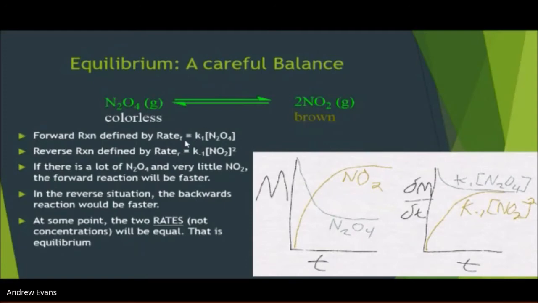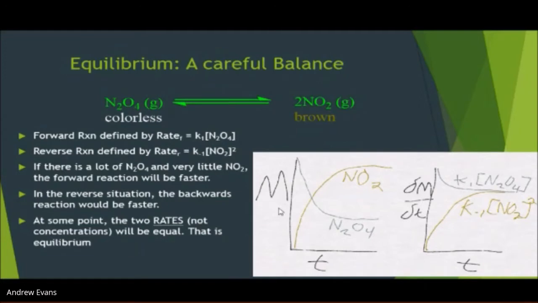As I said, the forward reaction for this elementary reaction is just k1 times N2O4, the molecule naturally snaps apart. The reverse reaction for this elementary reaction is the two NO2 molecules bump into each other and stick together and form N2O4. So we have the forward reaction and the reverse reaction.